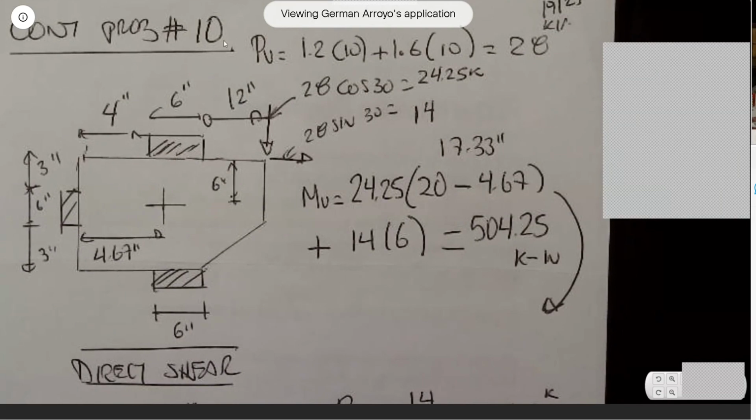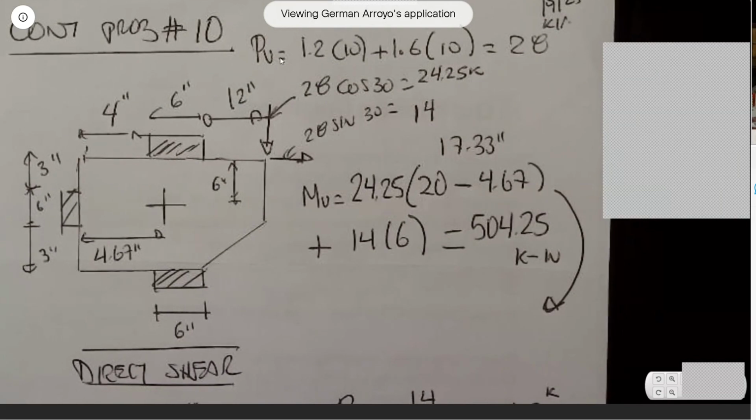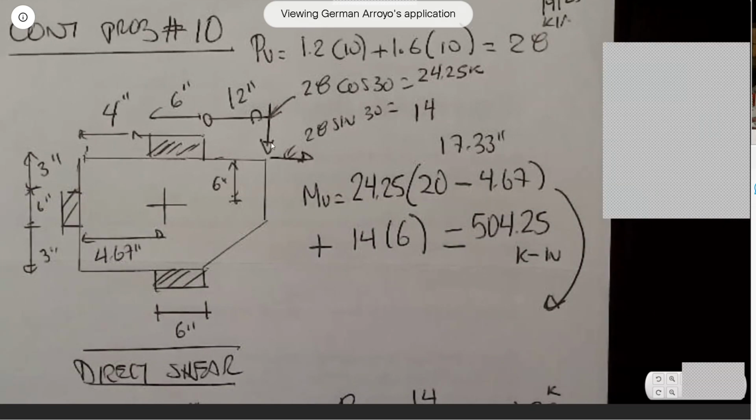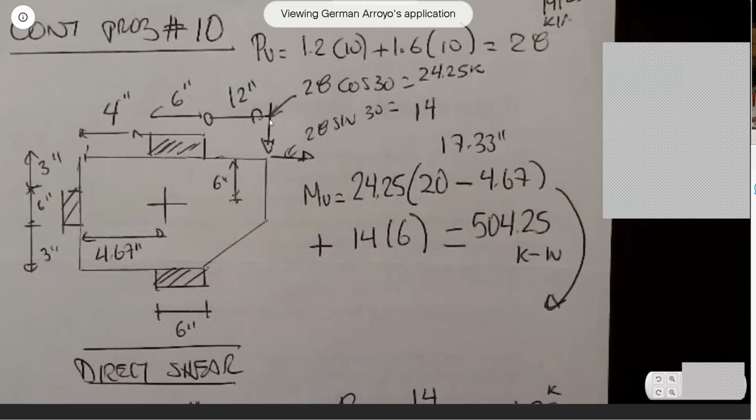And the service load was given. So this is 1.2 times 10 plus 1.6 times 10, 28 kip. Since the angle is known, I found the vertical component and the horizontal component: vertical component 24.25 kip, horizontal 14.